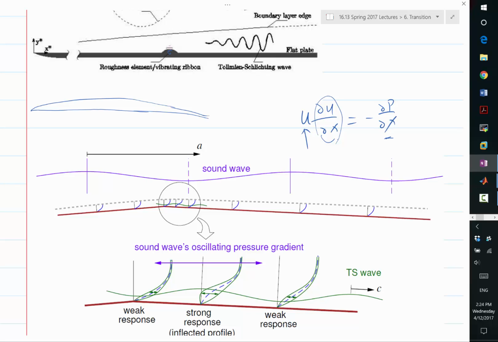You can see this leading edge as something like this, or as something like this that creates a rapid variation in the shape factor. Either way, it's going to effectively translate disturbances from the sound waves or from larger scale turbulent structures into small scale TS waves that can lead to transition.